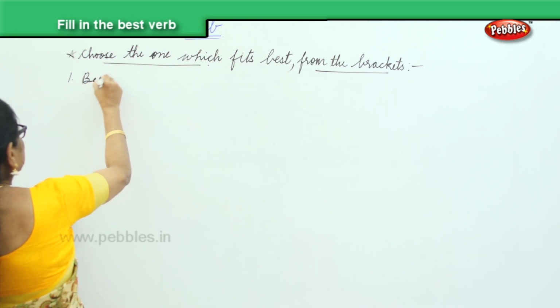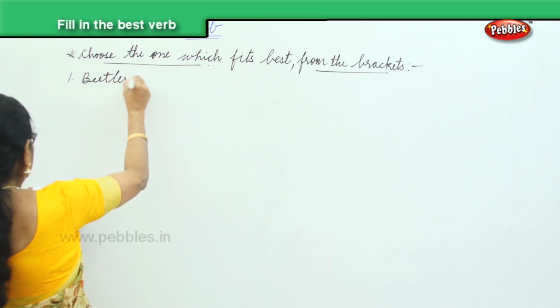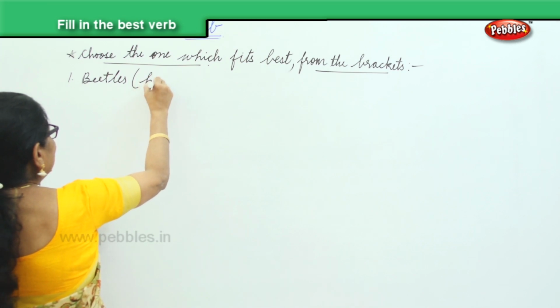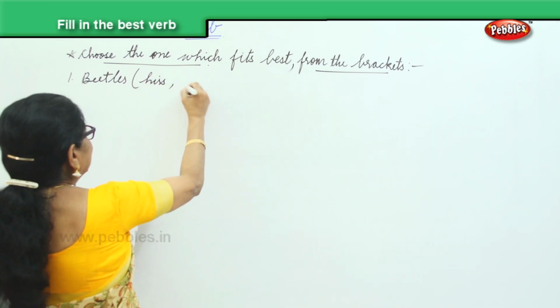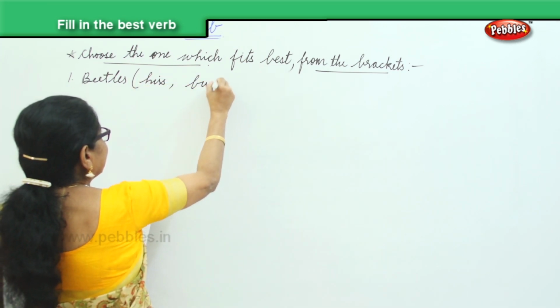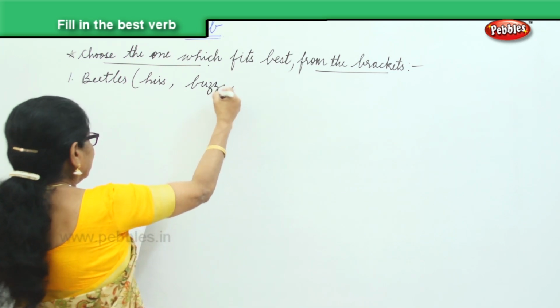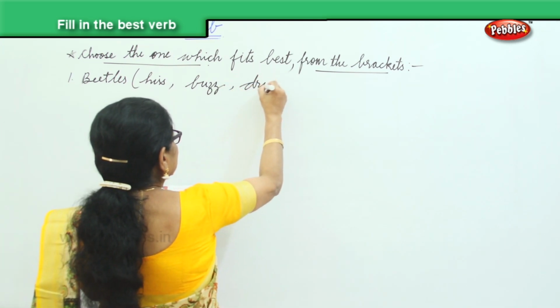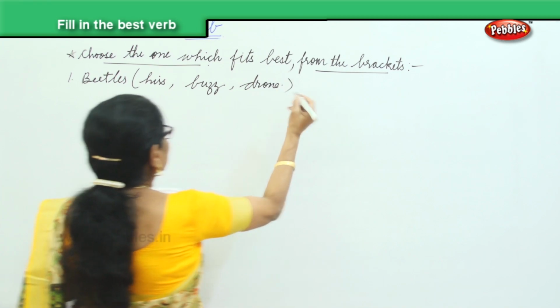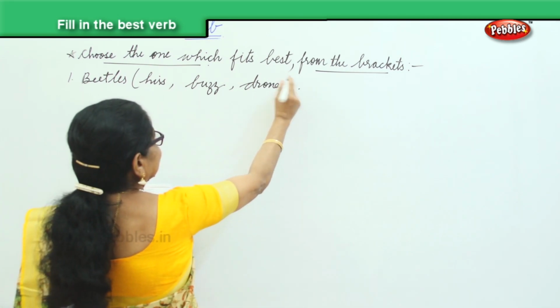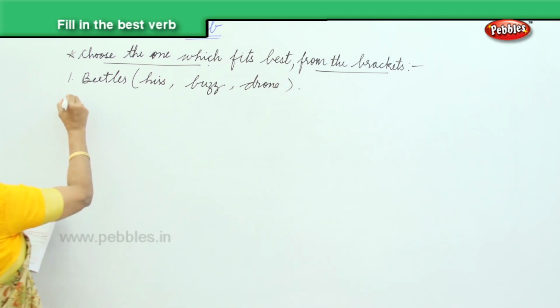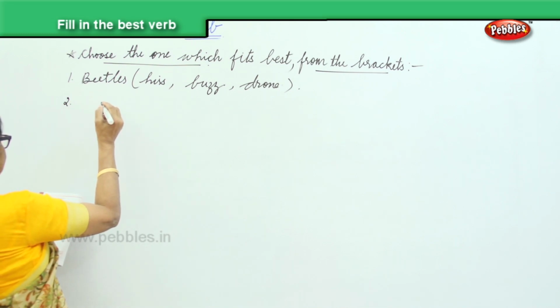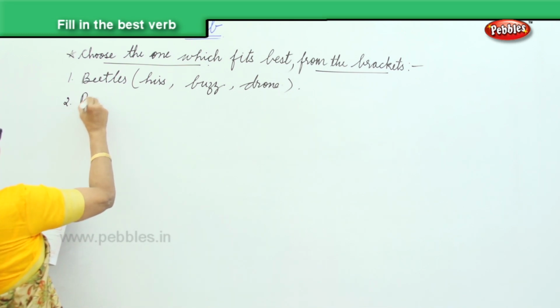Beetles. We have beetles and you have the sounds hiss, buzz, drone. So you choose the best. Second we have pigs.